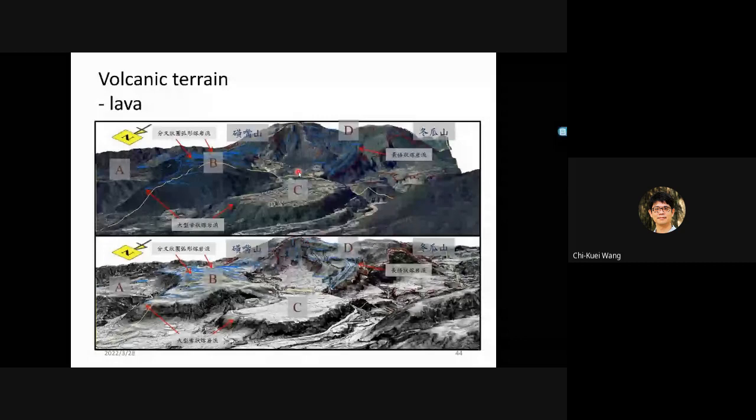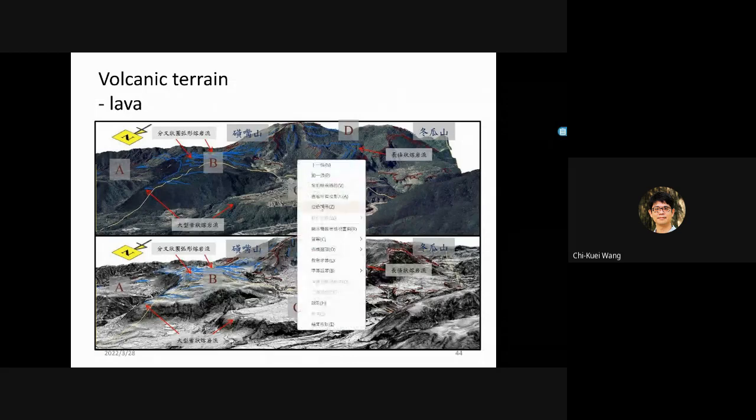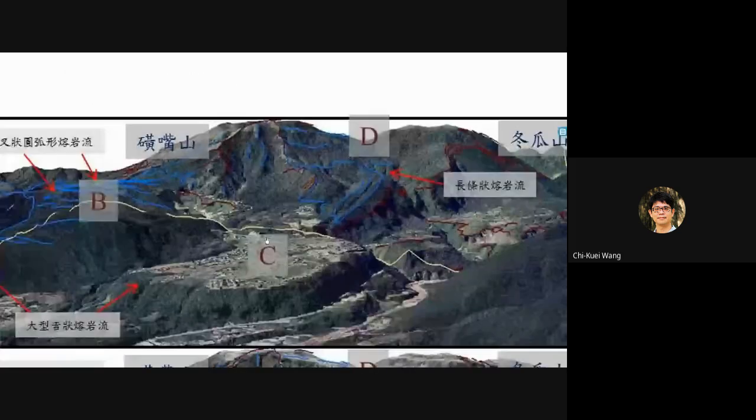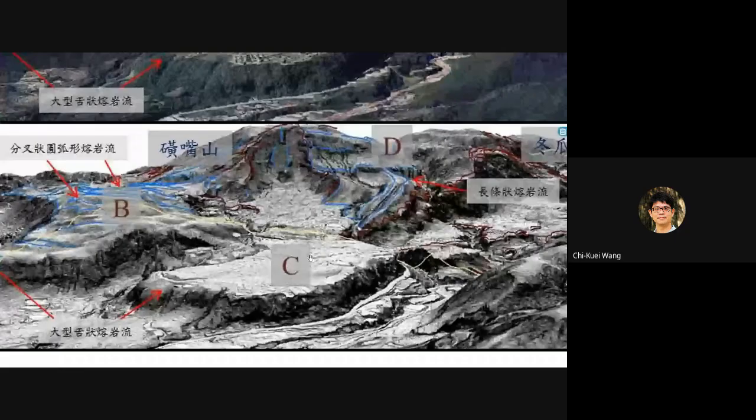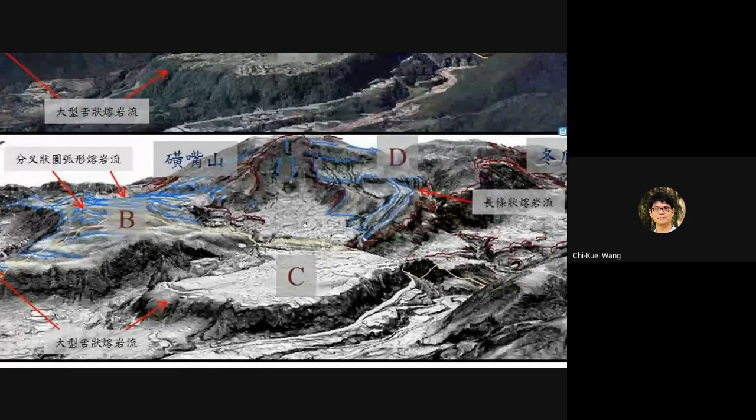As I mentioned before, we have one volcano in Taipei. With this terrain, this looks like a river, this looks like a flat area, and this looks like a volcano. If you take out all the vegetation, it becomes clear.